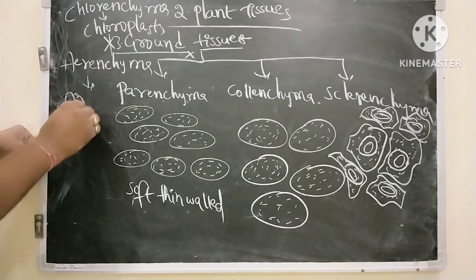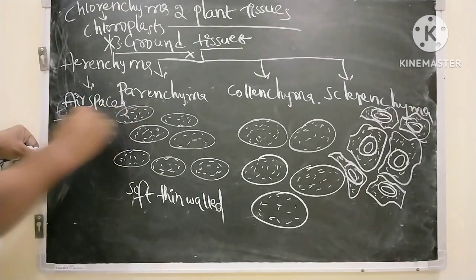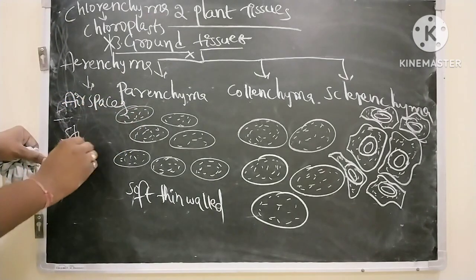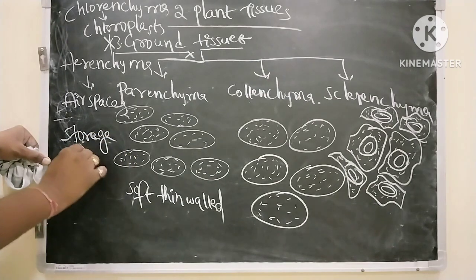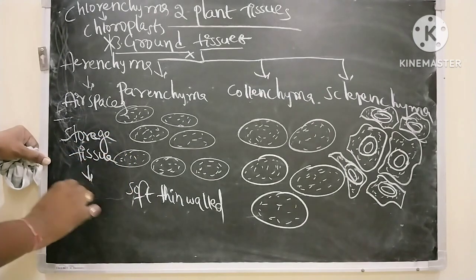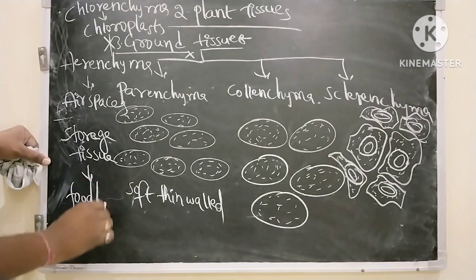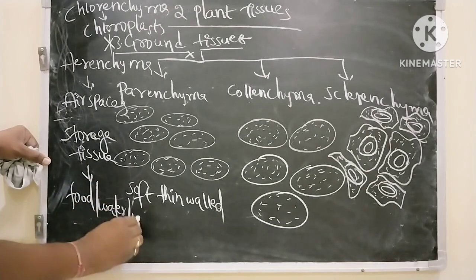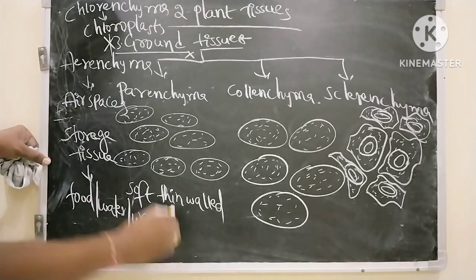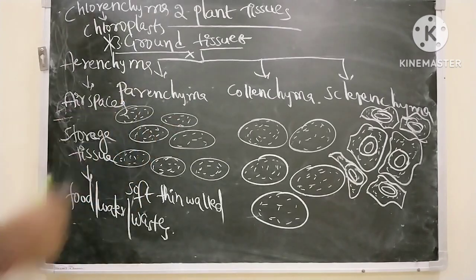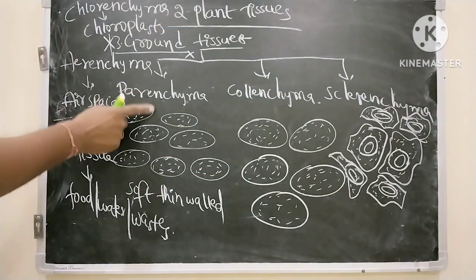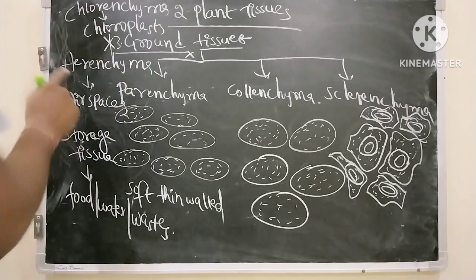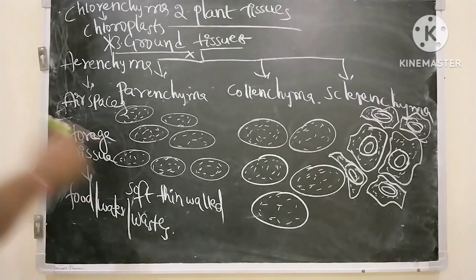The parenchyma that stores food, water or waste is called storage tissue. So this is about parenchyma, collenchyma, sclerenchyma, and the types of parenchyma: chlorenchyma, aerenchyma, and storage tissue.